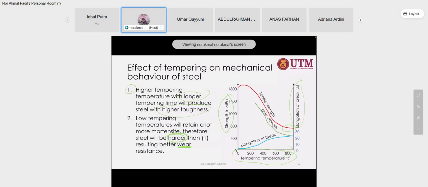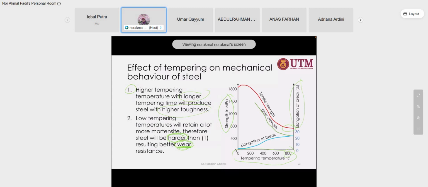Meaning that if the structure does not serve under impact load, there's no impact load involved, so you can utilize the hardness for wear resistance.